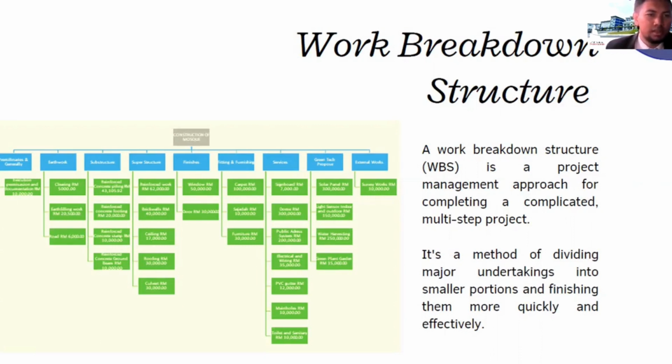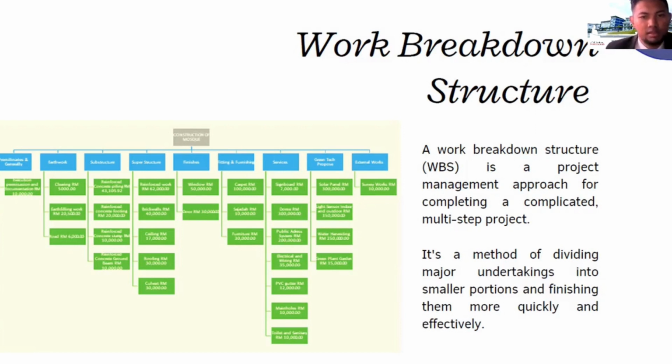The first one is preliminary and ground work, and then earthwork. The third one is substructure work, and then superstructure. Then we go to the finishes. Next, finishing and furnishing, and then the next part is services, which is for public access facilities and toilet services.